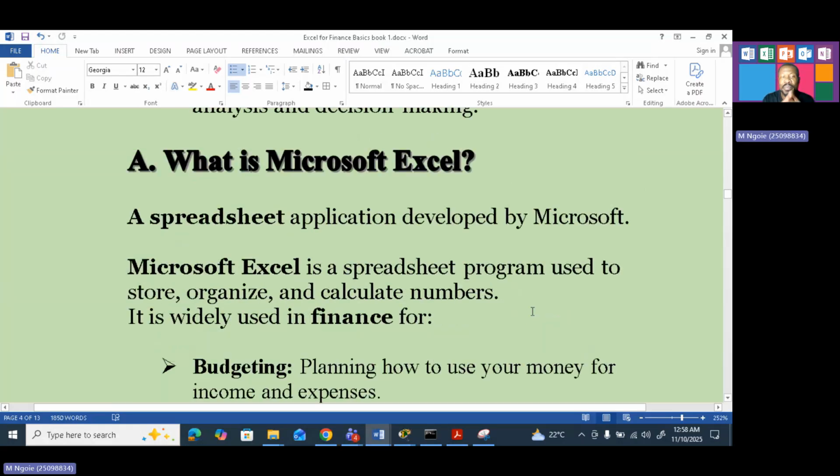Okay, now what is Microsoft Excel? Remember, Microsoft Excel is just a spreadsheet application developed by Microsoft. It's just a software, developed by Microsoft, right? And why do we need Microsoft Excel?